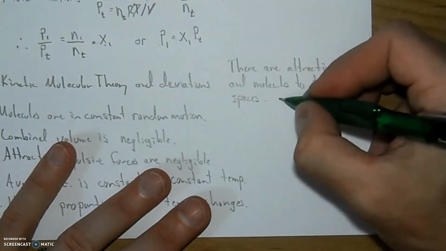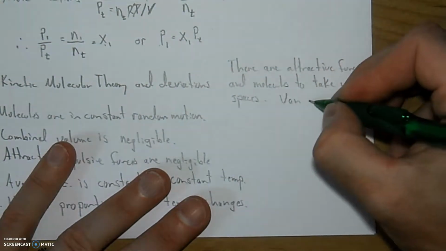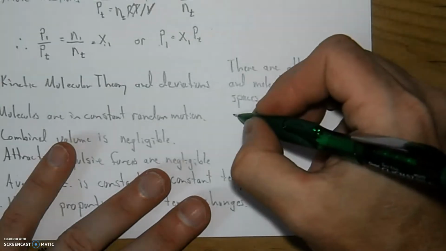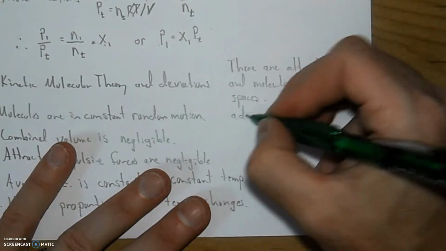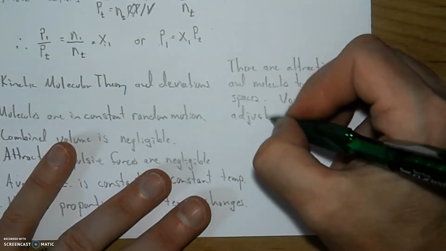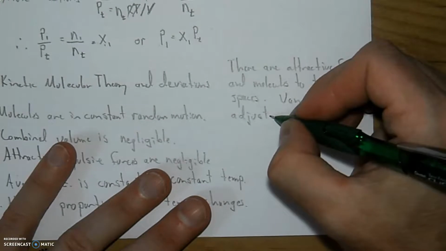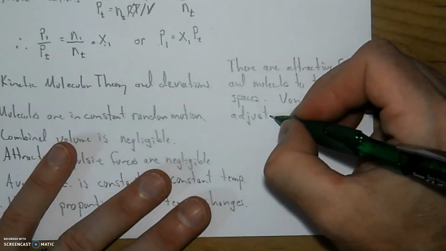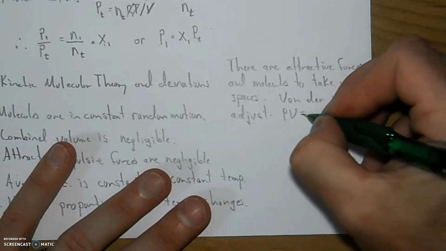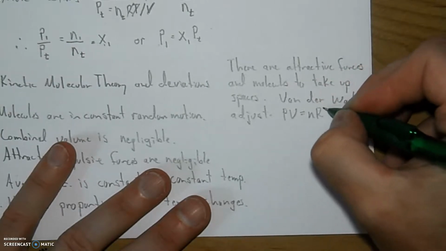So someone who fixes that is called van der Waals. And he makes some adjustments to the ideal gas law equation. He adjusts the equation.